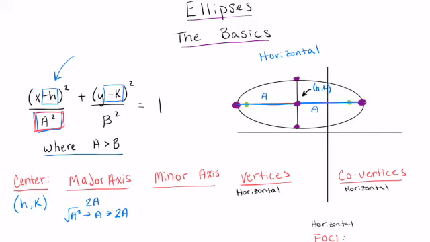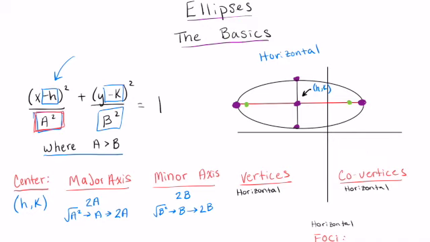All right. So now I can find my minor axis. And my minor axis is going to come from my B squared value. My minor axis is going to be 2B, and my minor axis is the shorter length of my ellipse, okay? And the way that we find the minor axis is I take the square root of B squared, which gives me B, and then I multiply that times 2.